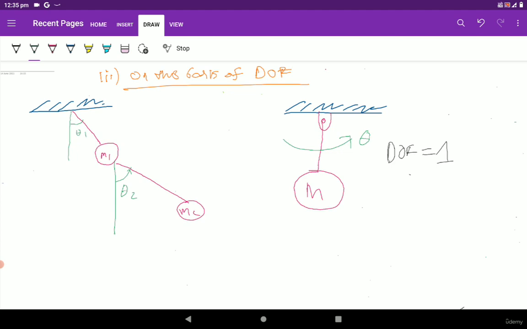So for this system we have a total of two independent displacements which are angular in nature. So we can say for this system, degree of freedom is equal to 2.